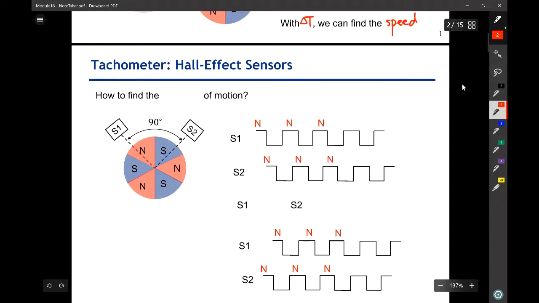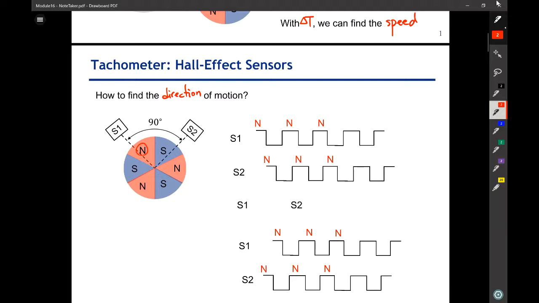How about the direction of the motion? We have two sensors separated by about 90 degrees. As the magnet rotates, the N pole goes through S1 first, followed by S2.